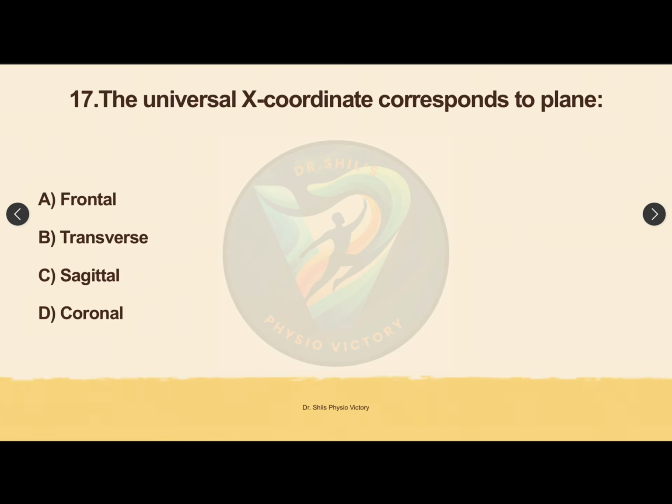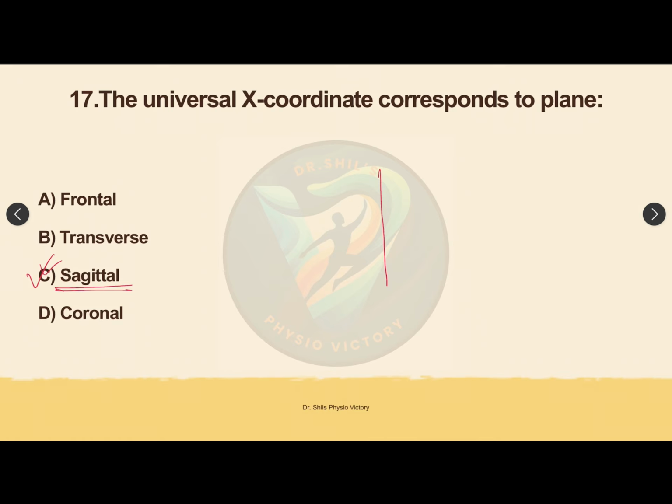Next question. The universal x coordinate corresponds to plane. Option A, frontal. Option B, transverse. Option C, sagittal. And option D, coronal. Here, the correct answer is option C, sagittal.